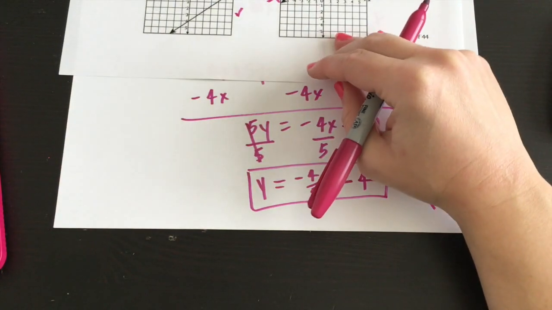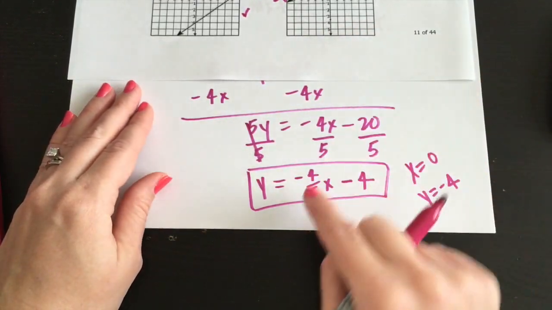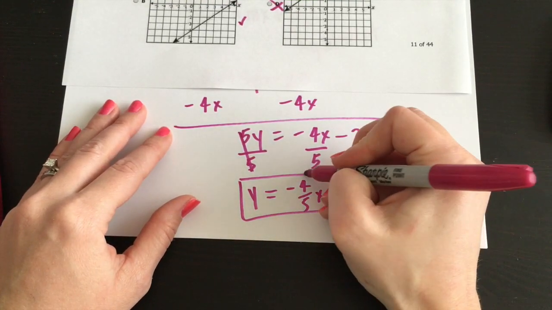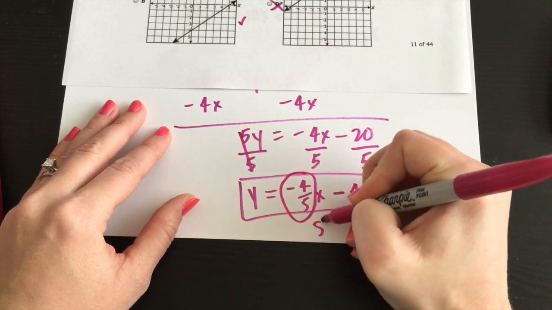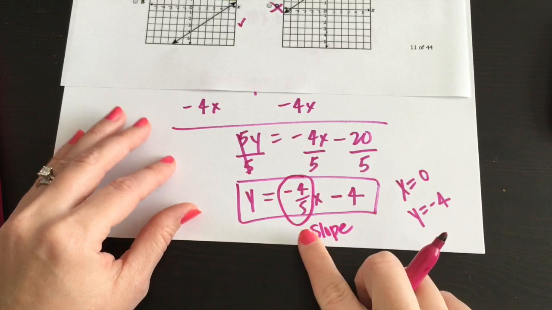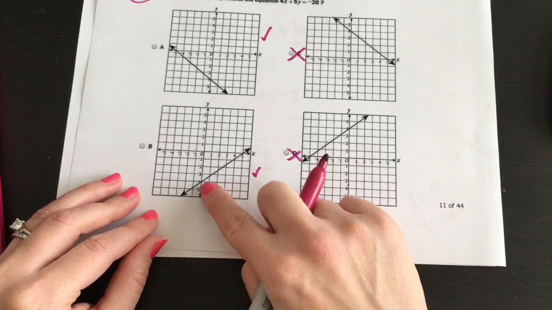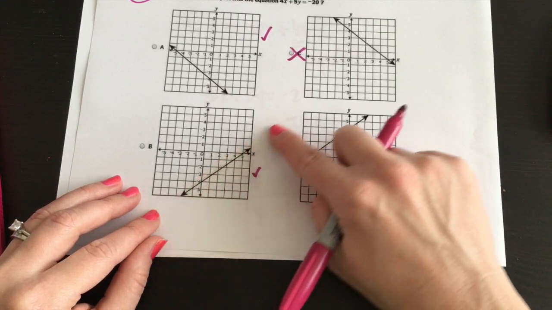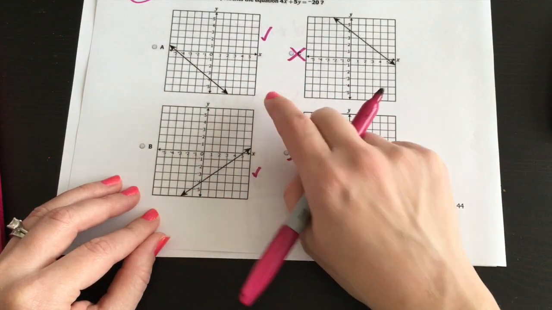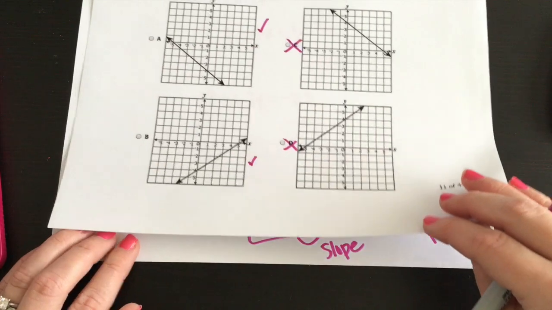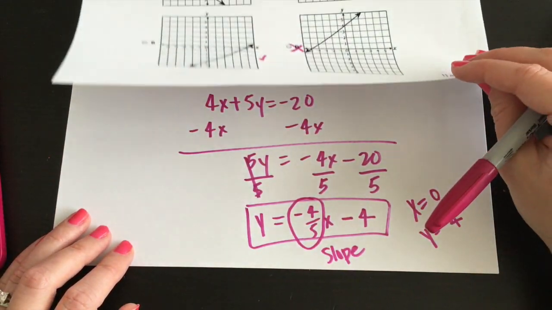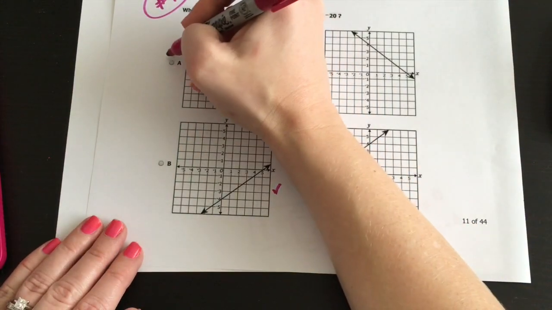Now, let's look at something else. This is our slope. That slope is negative. What do we know about these two? That's a positive slope because we're going up. That's a negative slope. So by process of elimination, without doing any other math other than changing the format, we have figured out that the answer is A.